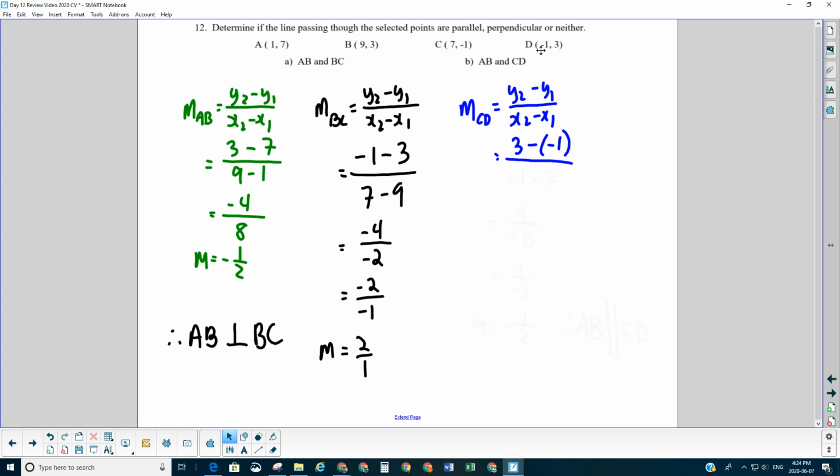Let's continue on, though, and do the x's. So the x is negative 1 minus, and what's the x coordinate for this? 7. Okay, so let's go and simplify this. So again, here's the careful part. 3 minus minus 1. Even just saying minus minus doesn't sound right. A negative and a negative makes a positive. So this is the same as 3 plus 1.